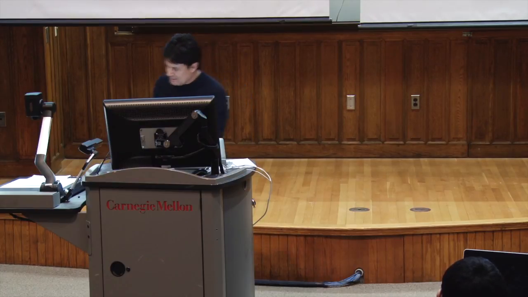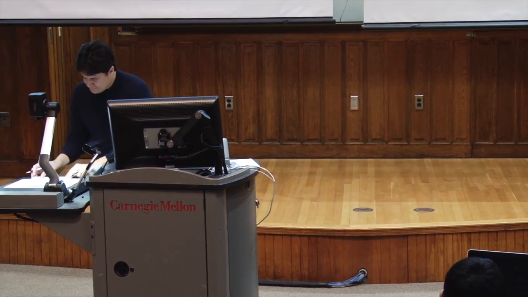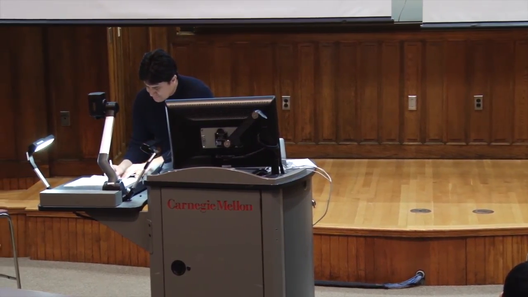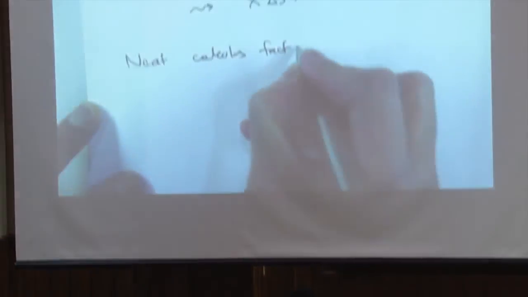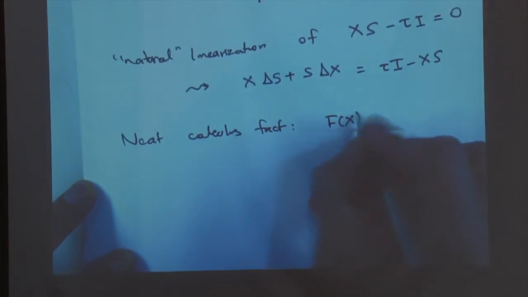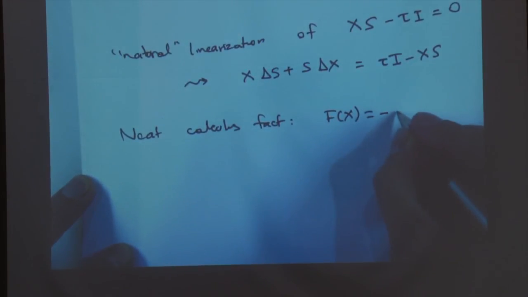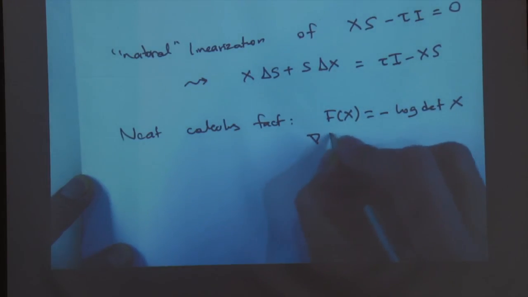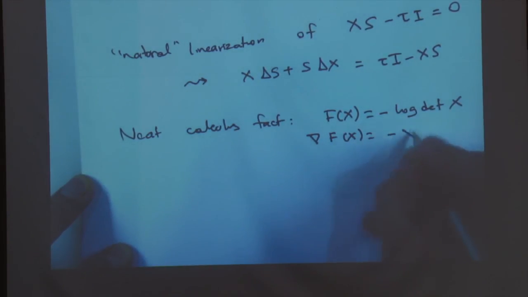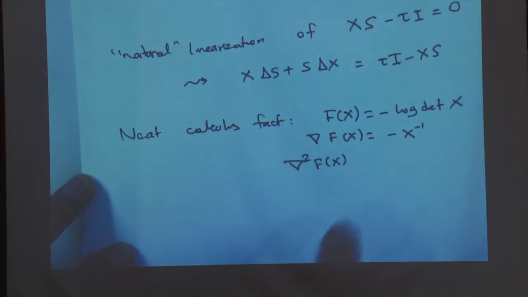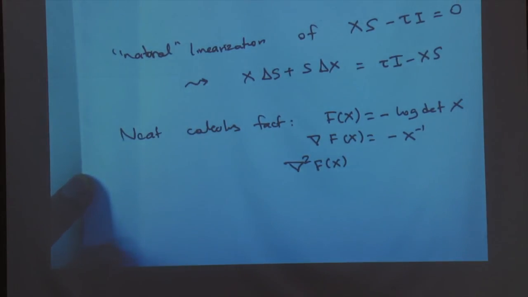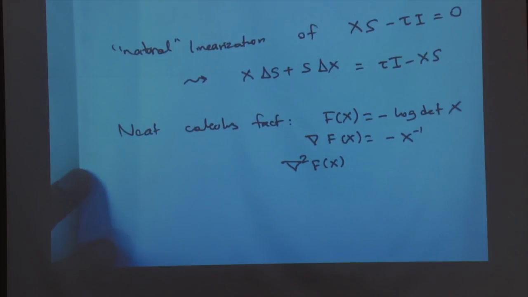So this is a neat calculus fact: for f of x equal to negative log determinant of x, the gradient is x inverse, and the Hessian is the following matrix.